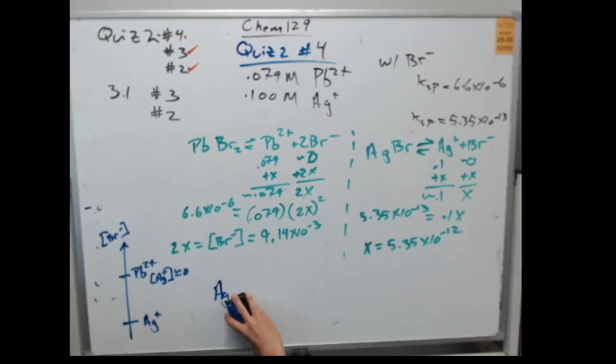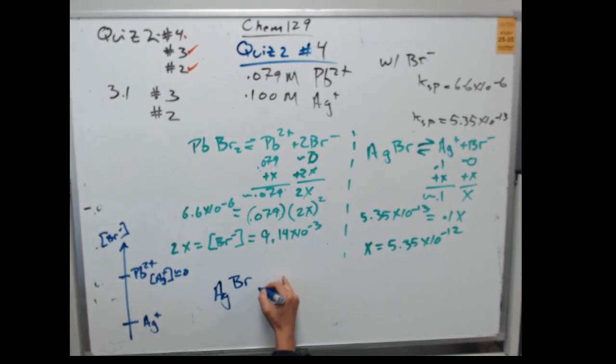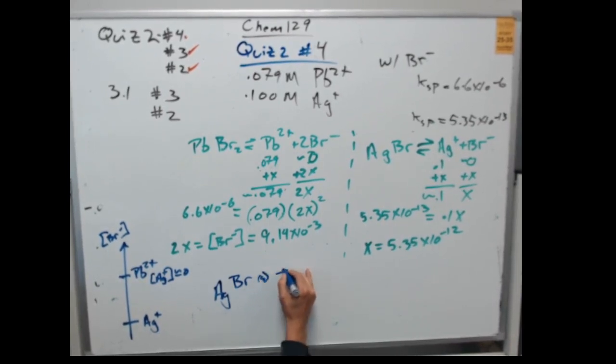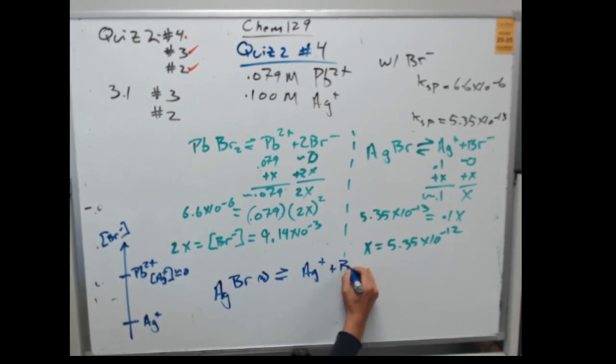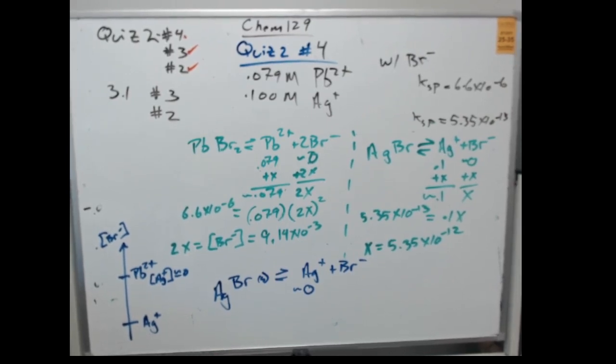I default to CL because that's the common example we always do. We have AgBr, solid, going to some equilibrium, going to Ag plus Br minus. For this, Ag plus is approximately 0 concentration. Notice our approximate 0 thing has changed now. My bromide concentration, 9.14 times 10 to the minus 3, is now known because I'm doing it specifically at this point.